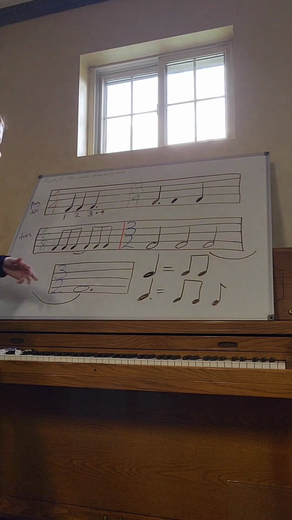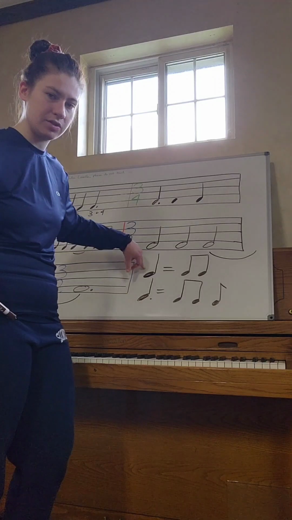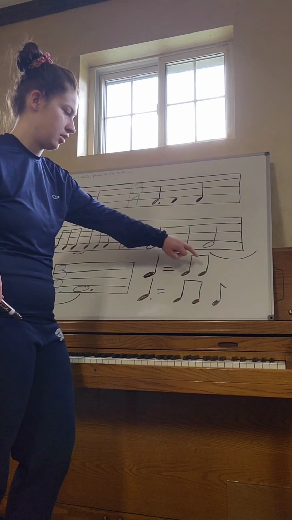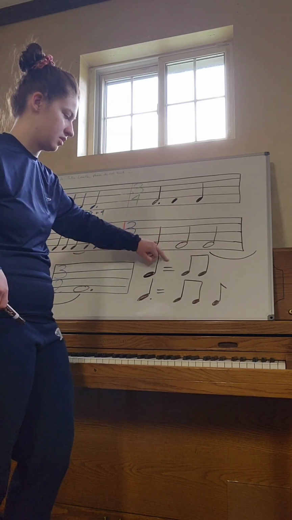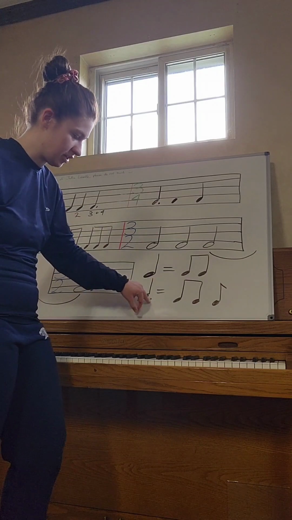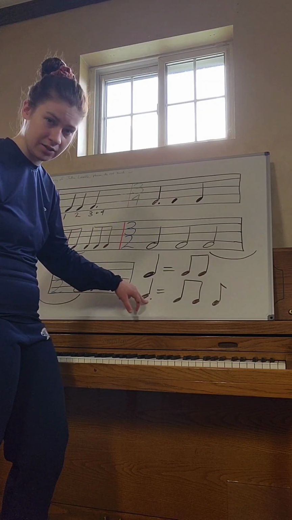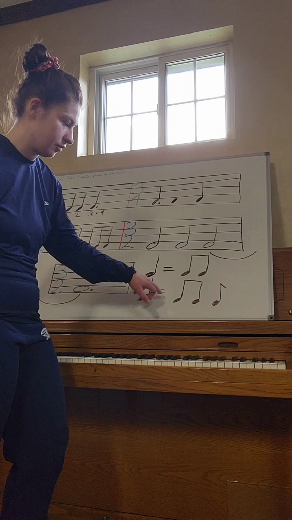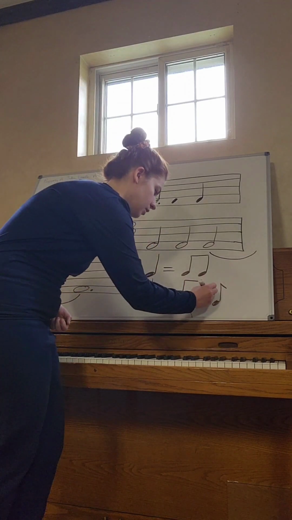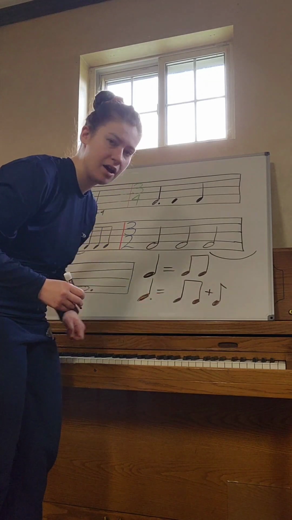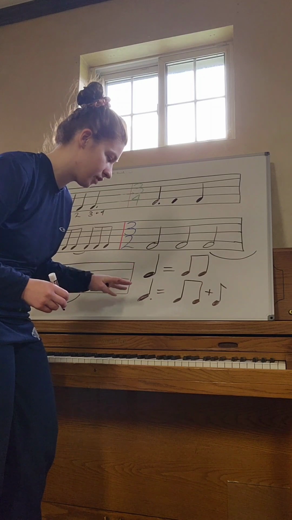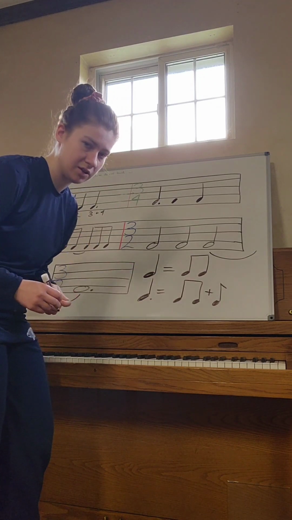For example, here we have a quarter note, and a quarter note is broken into eighth notes. 2 eighth notes equal 1 quarter note. Well, if we add an augmentation dot to a quarter note, it becomes a dotted quarter note. We still have the 2 eighth notes, but now we've added on, because of the dot, another eighth note. So, a dotted quarter note equals 3 eighth notes.